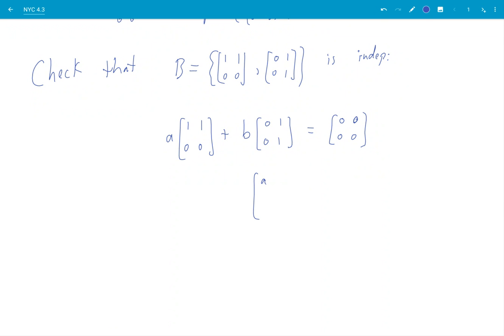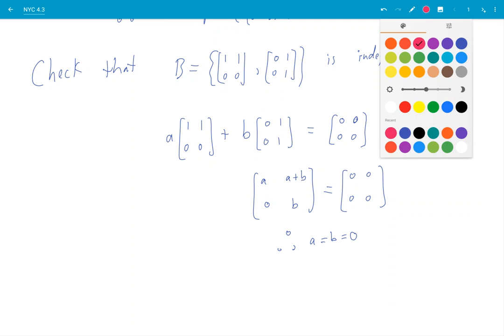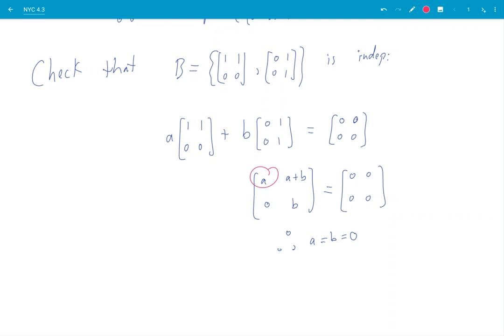Well, what I get is a plus b. I get this item again. So therefore, a and b are both 0, because this has to equal this, and this has to equal this. Okay, wrapping up.